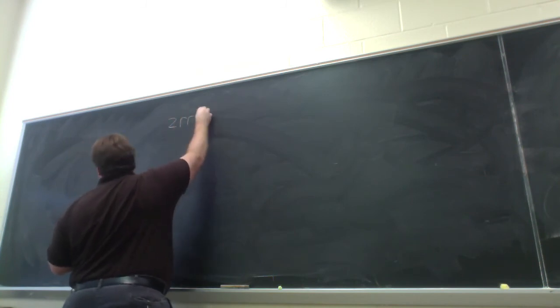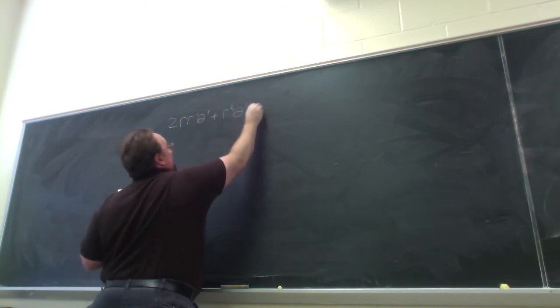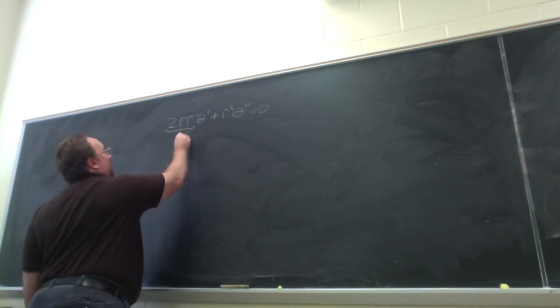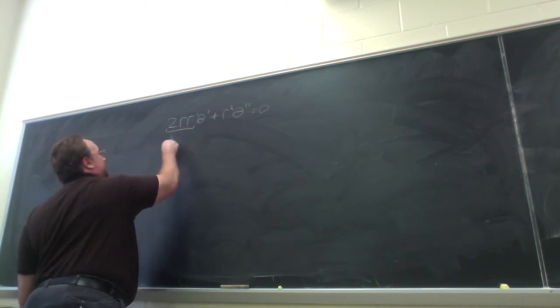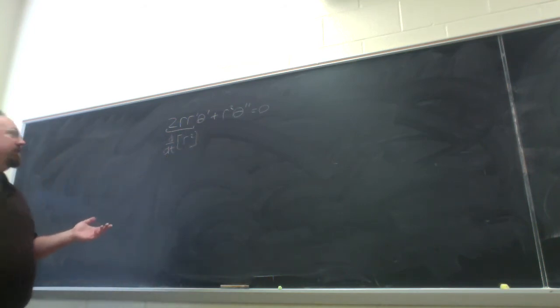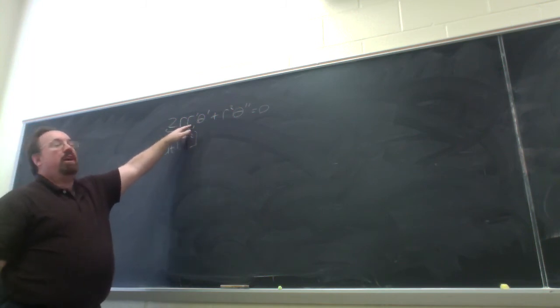So I'm going to take the second equation over there, and I'm going to multiply both sides by r. So 2r r prime theta prime plus r squared theta double prime is equal to 0. Now, in this form it's easier to solve, because 2r r prime is the derivative with respect to t of r squared. Because r is a function of t, differentiate that, you get 2r from the power rule, then the chain rule gives you the r prime.